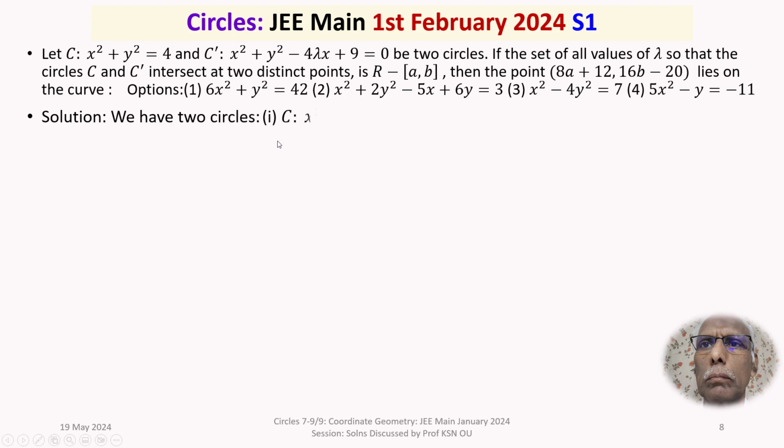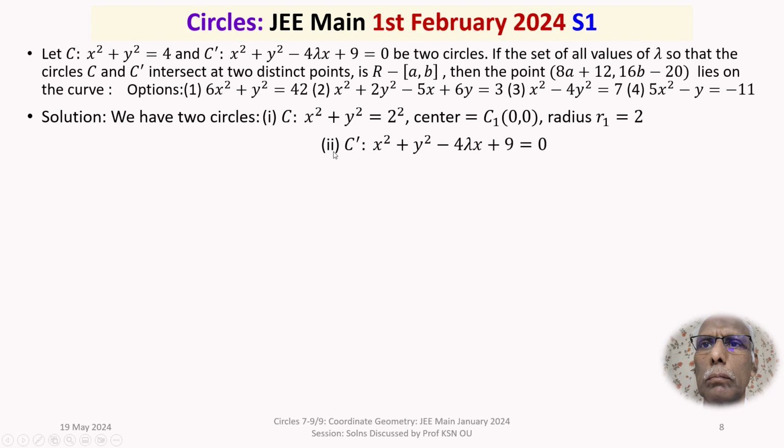We have two circles. The first circle is C, x square plus y square equal to 2 square. Its center C1 is at the origin 0, 0, and its radius R1 is 2. The second circle C prime is given to be x square plus y square minus 4 lambda x plus 9 is equal to 0.